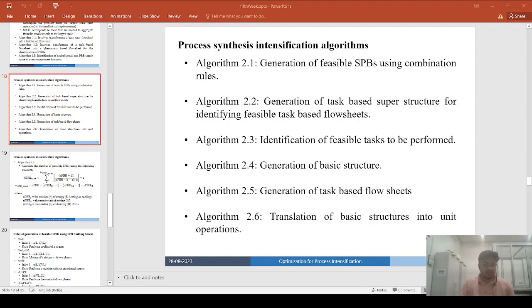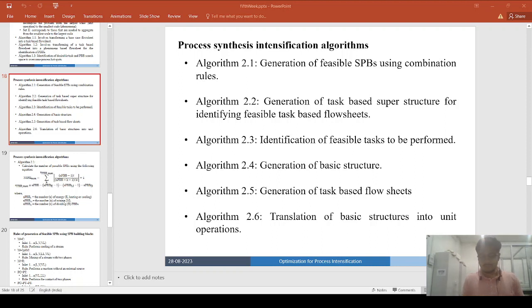Sub algorithm 2.2 involves the generation of the task based superstructure for identifying feasible task based flow sheets. Sub algorithm 2.3 is the identification of feasible tasks to be performed. Sub algorithm 2.4 involves the generation of basic structure. Sub algorithm 2.5 involves the generation of task based flow sheet. And sub algorithm 2.6 involves the translation of the basic structures into unit operations.